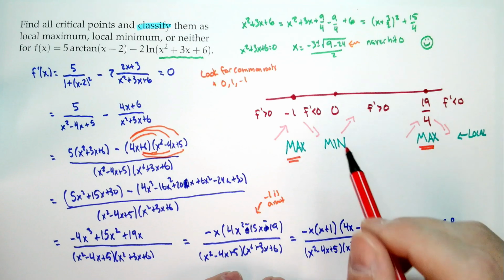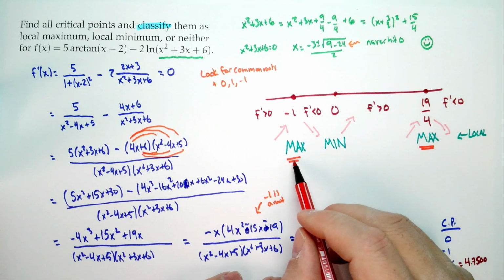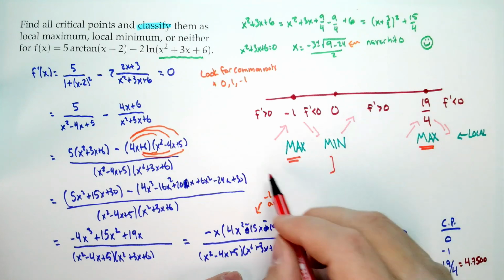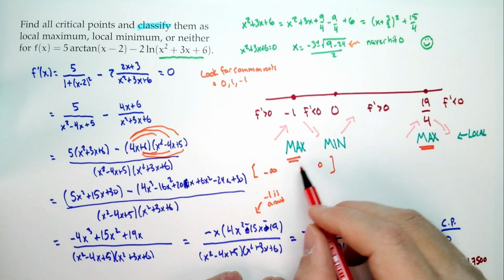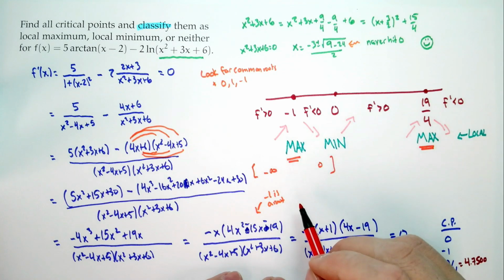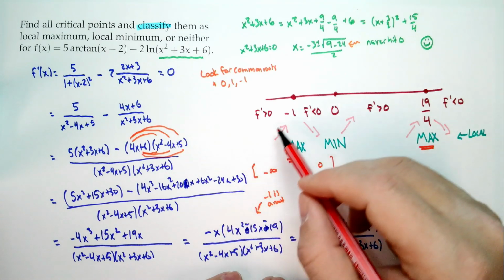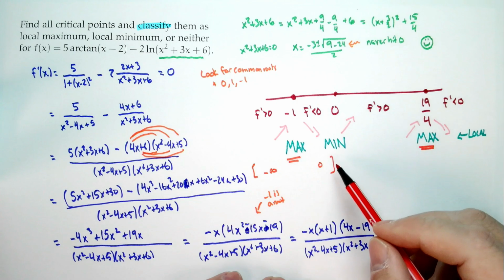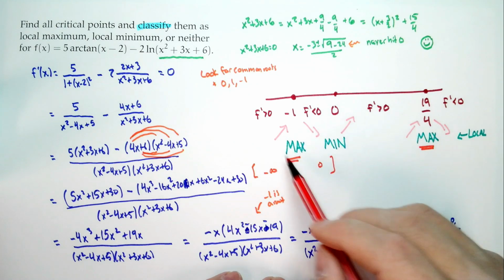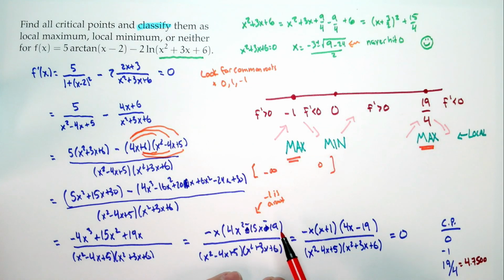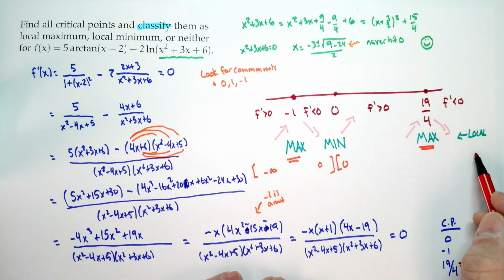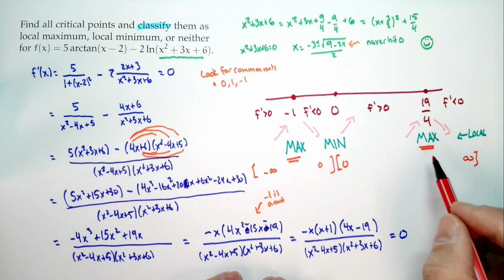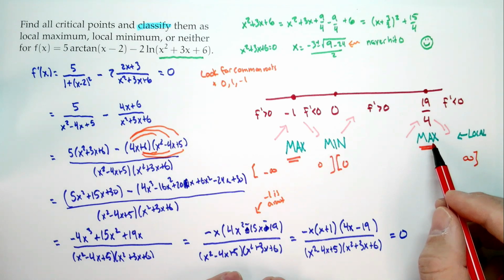I can say that this value at negative 1 is the biggest value between minus infinity up to 0. The largest I get is at negative 1. Because I'm going up from negative infinity to negative 1, and going down from negative 1 to 0. It means I have to max out in that interval at negative 1. Now, how about from here? Well, from 0 up to infinity, I have to max out at this point, 19/4.